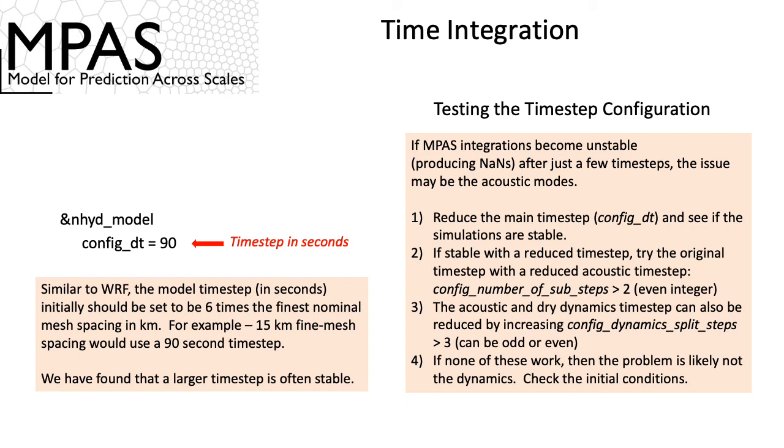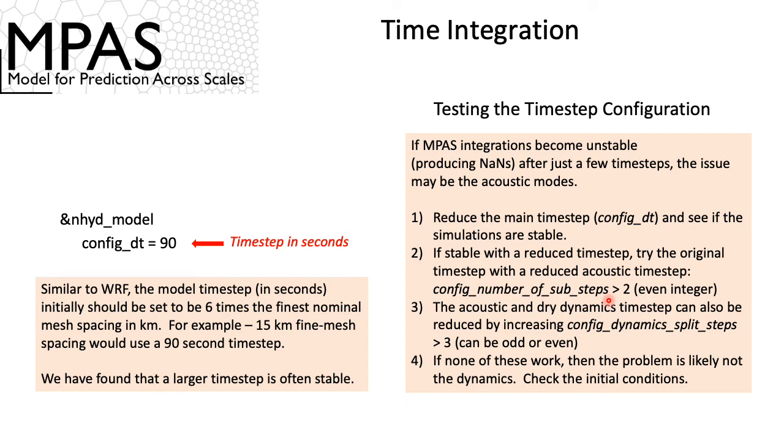If it is stable, then you may want to increase the number of acoustic steps, and you can do that by increasing the integer config_number_of_substeps, which divides the dynamic step to get the acoustic step. If you make that integer larger, that will decrease the acoustic step.